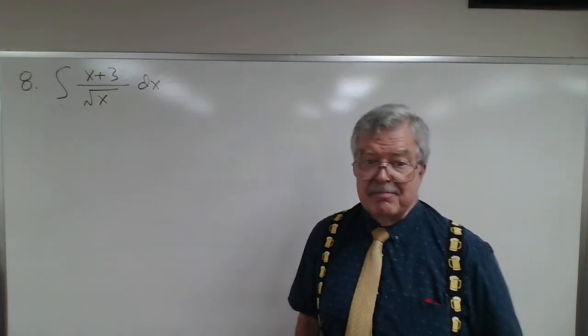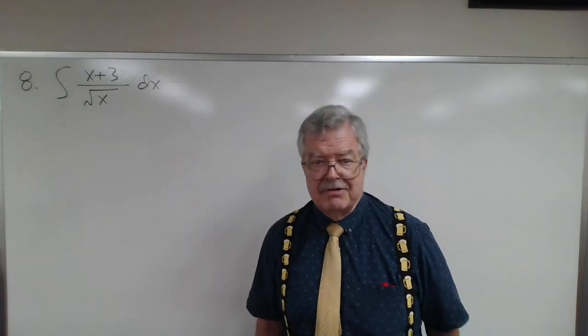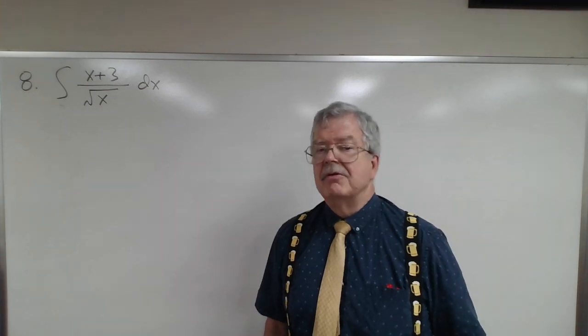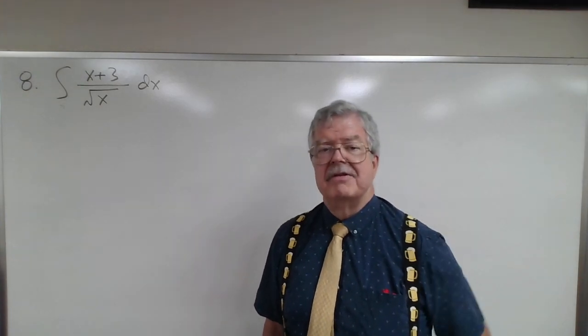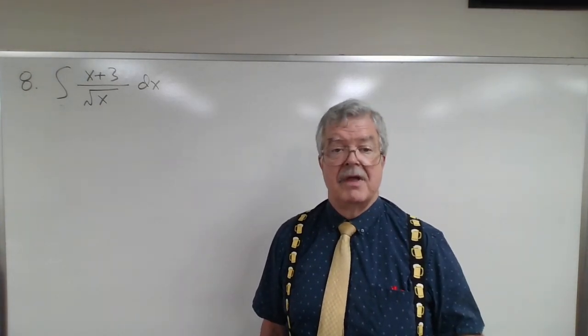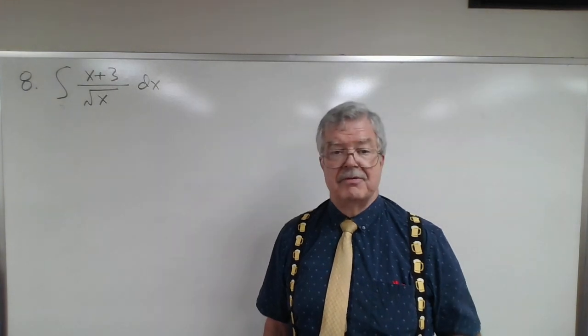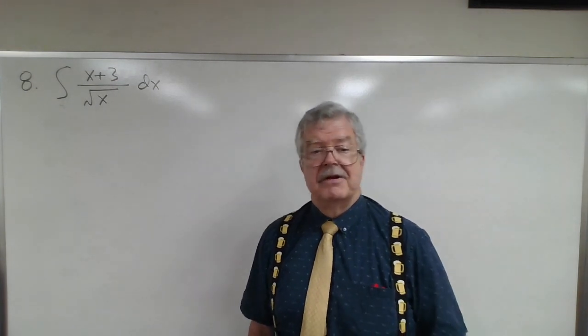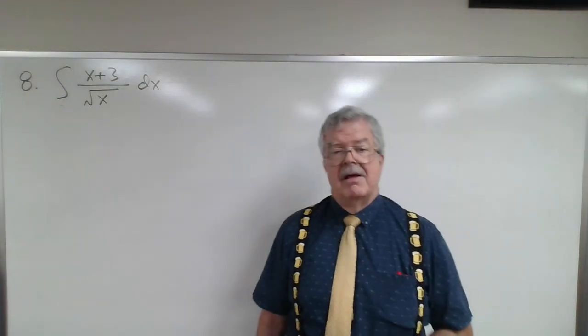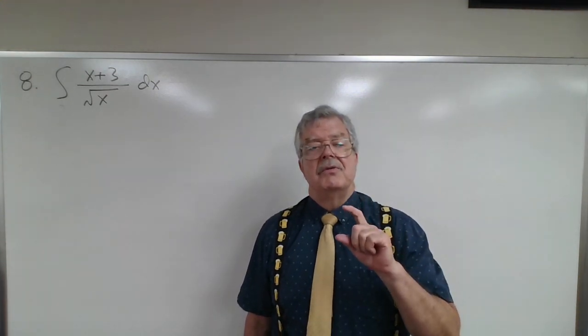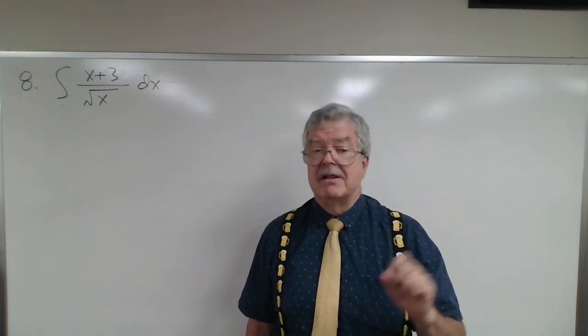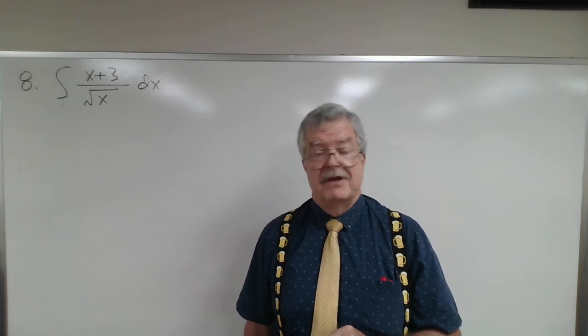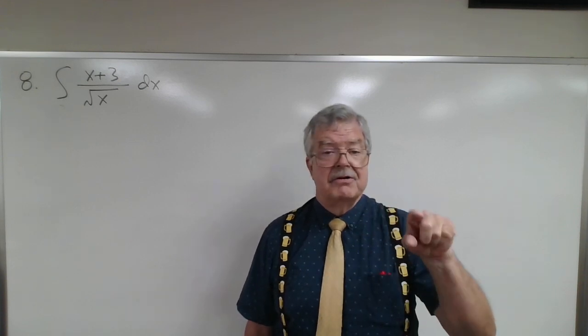For a lot of properties of antiderivatives, those properties are the analogs of properties of derivatives. For example, when we compute the derivative of a polynomial, essentially we do it term by term by term.